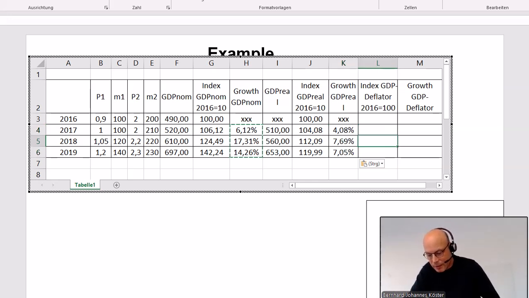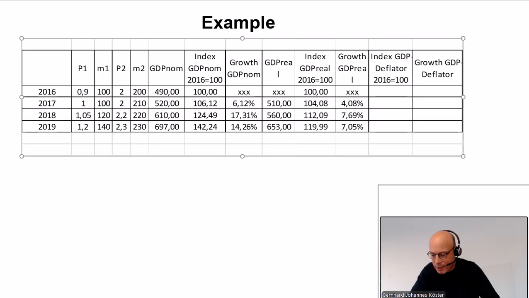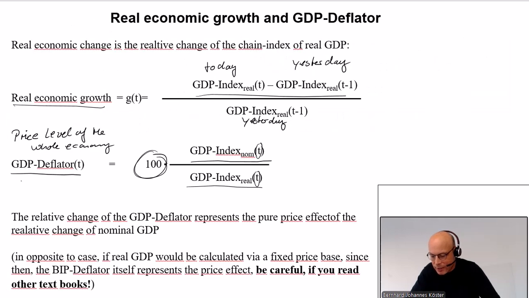And the last one, the GDP deflator. Again, this is just an application of our definition: the index of nominal GDP divided by the index of real GDP and formally multiplied by 100.